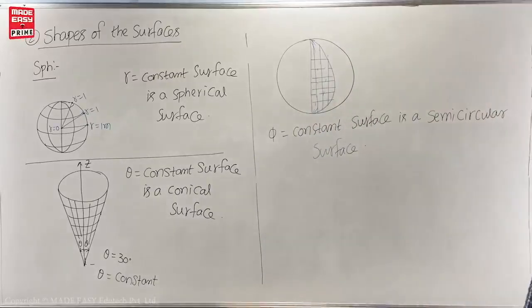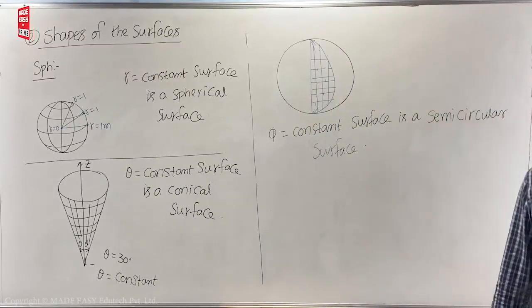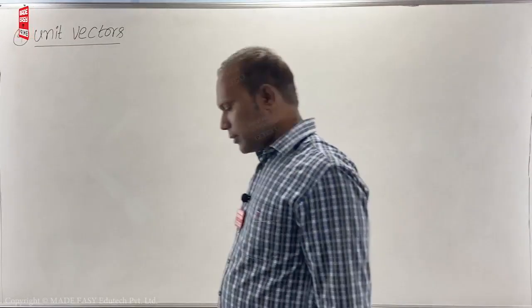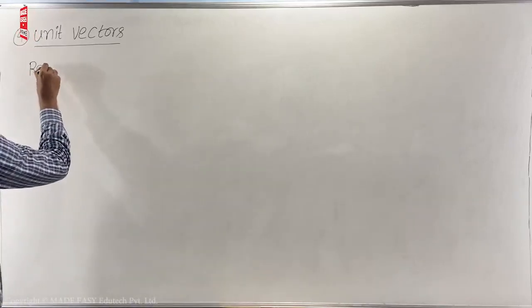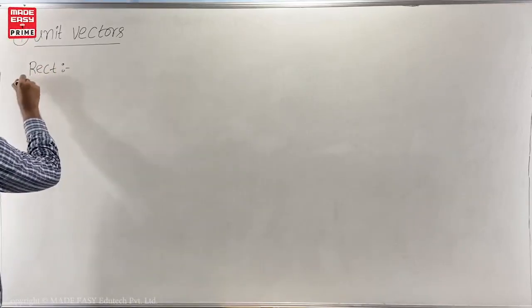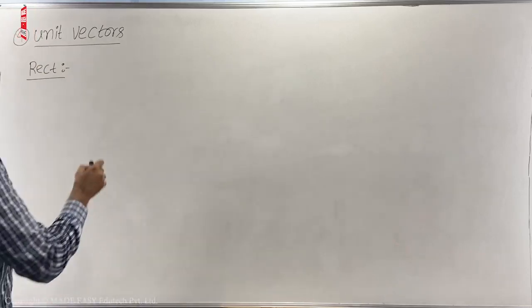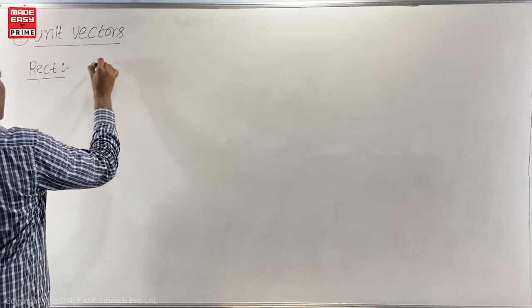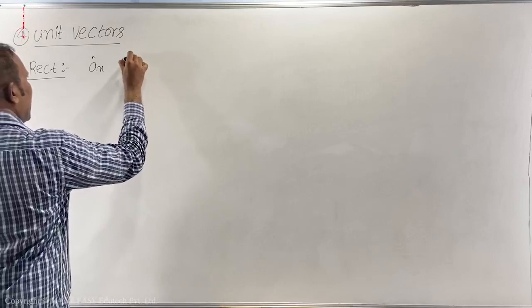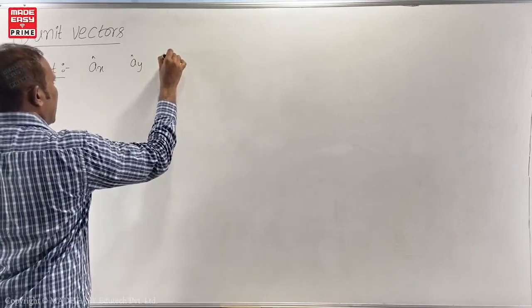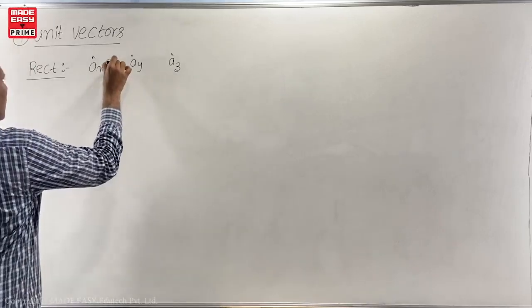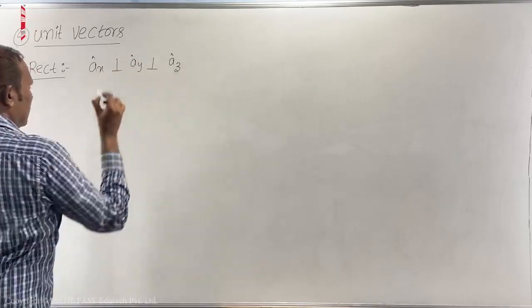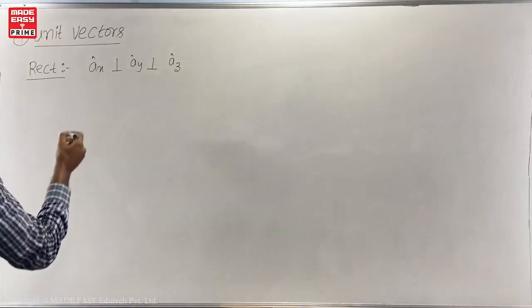Now next we are going to discuss what is the range. We will discuss. Now let us discuss unit vector, students. You know that in rectangular coordinate system, unit vectors are ax cap and ay cap and az cap. Already you know them. And also they are perpendicular to each other. That also you know.